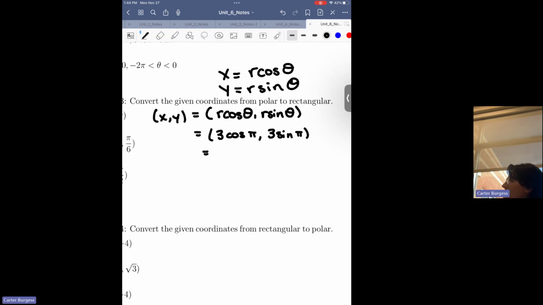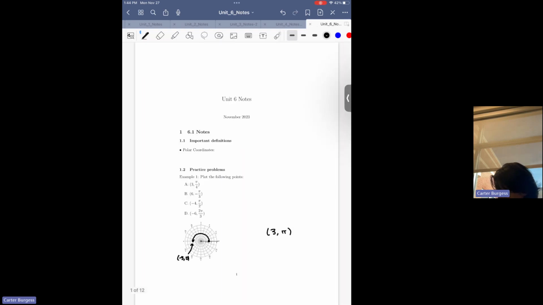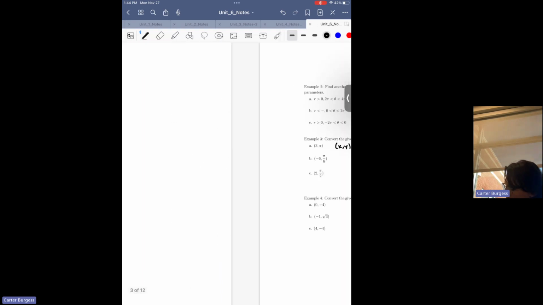What is cosine of pi? -1 times 3 is -3. And what is sine of pi? 0 times 3 is 0. Which, yeah, is exactly what we were expecting it to be, -3, 0.